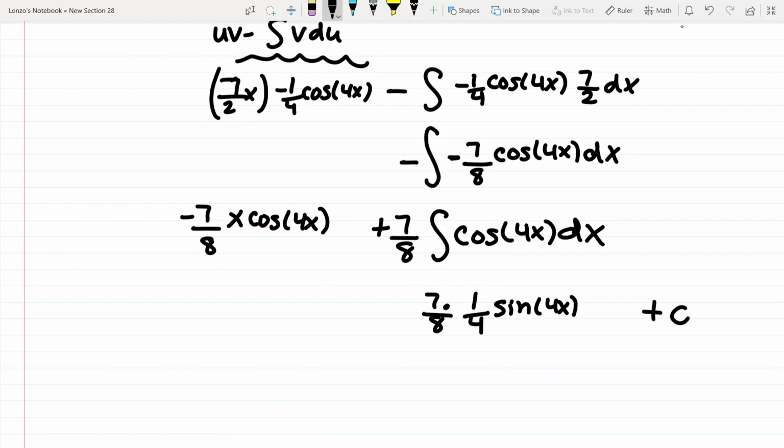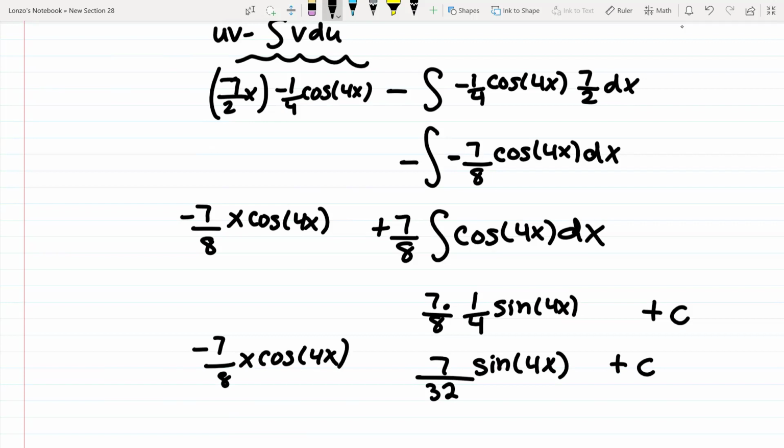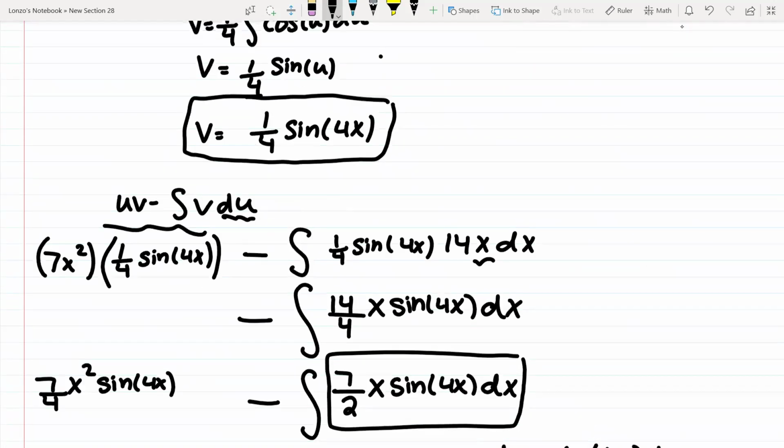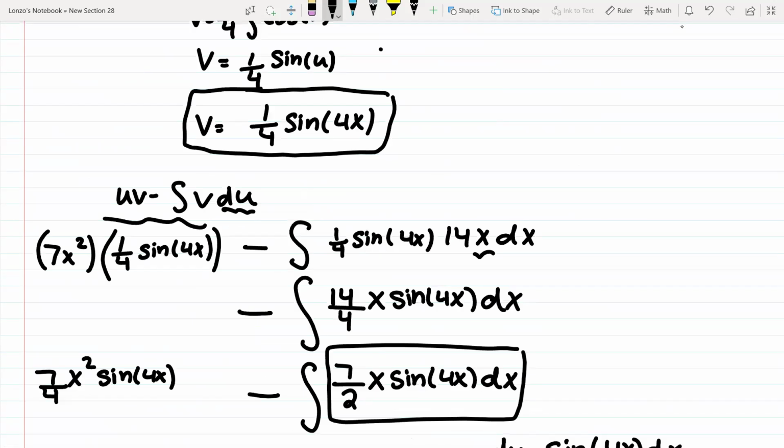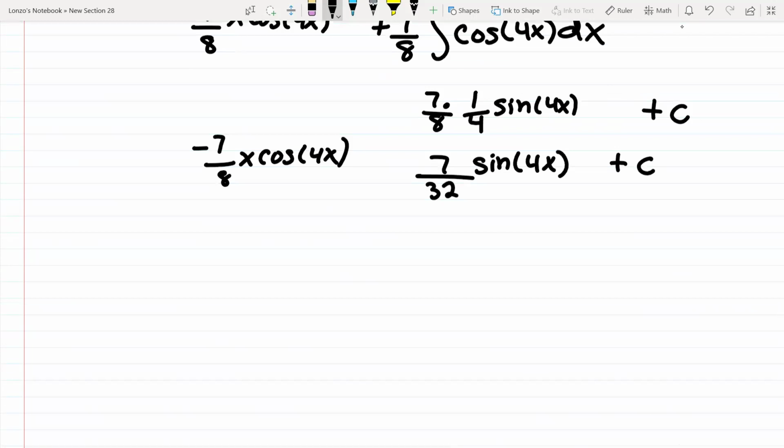So 7/8 times 1/4 is 7/32 sin of 4x plus c, and then you have negative 7/8 x cosine of 4x. But be careful. Remember, this step here was all minus, so we have to distribute a minus for this whole thing.